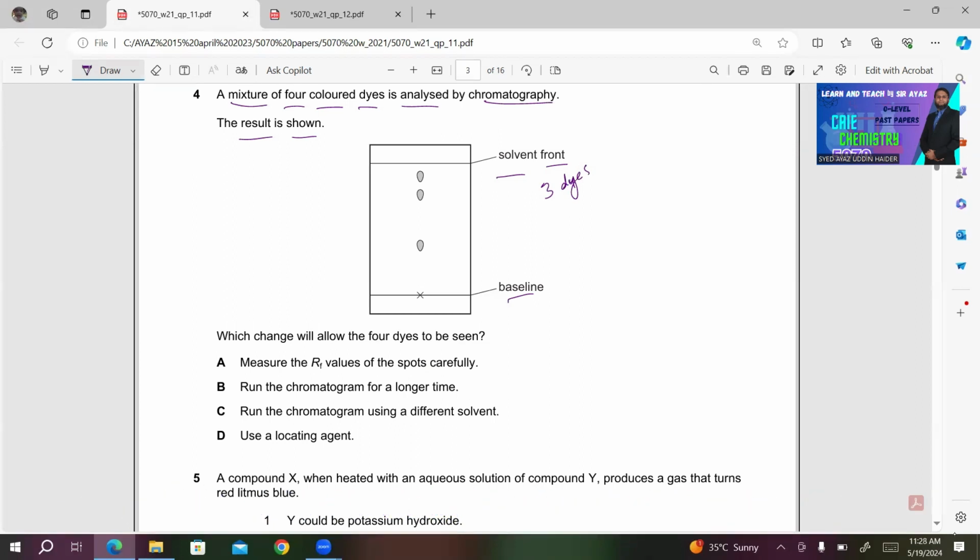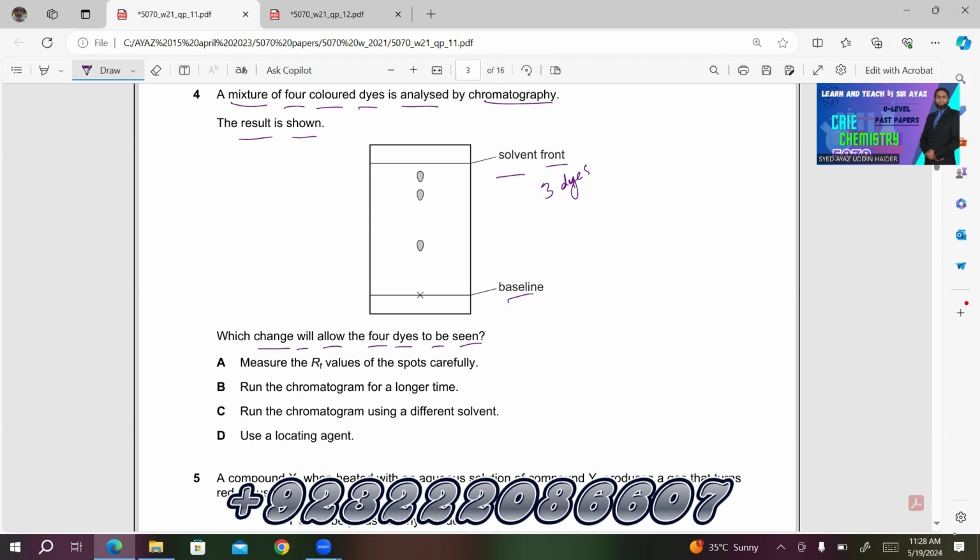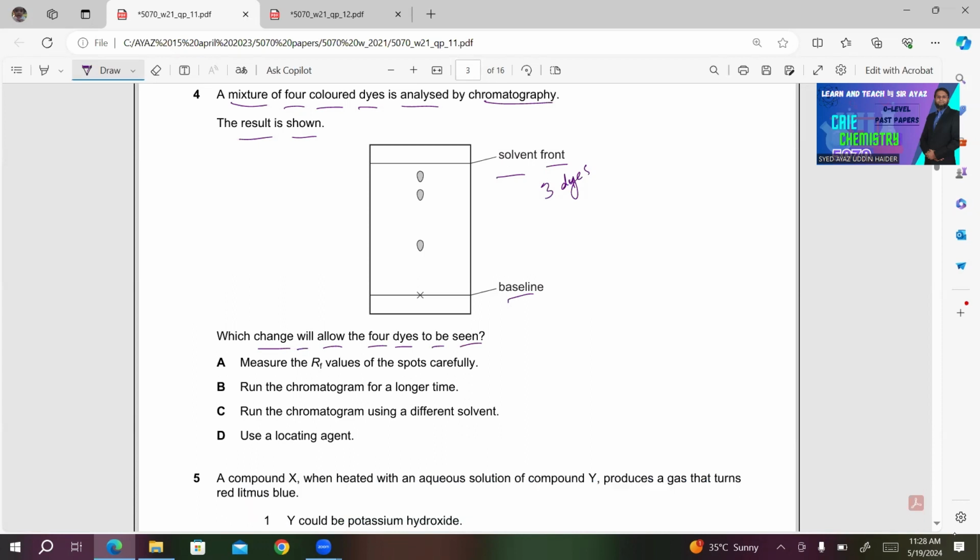Which change will allow the 4 dyes to be seen? A, measure the Rf values of the spots carefully. We need to separate the 4 dyes, so this can't be the right answer.